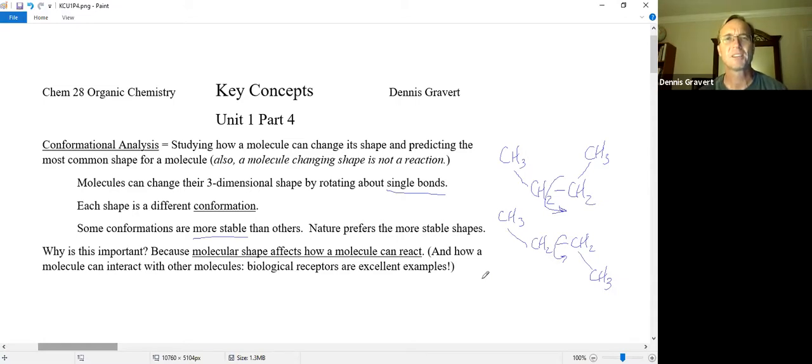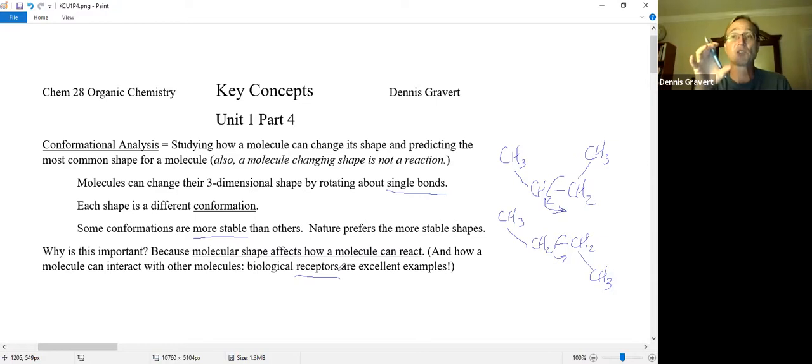Why do we have to do this? Well, it turns out that the shapes of molecules affect the reactivity, how they interact with other reagents, or sometimes just the way they interact with things. Like biological receptors. Receptors are proteins, really important ones in our body that latch on or grab to other molecules. And some of them behave like a lock and key.